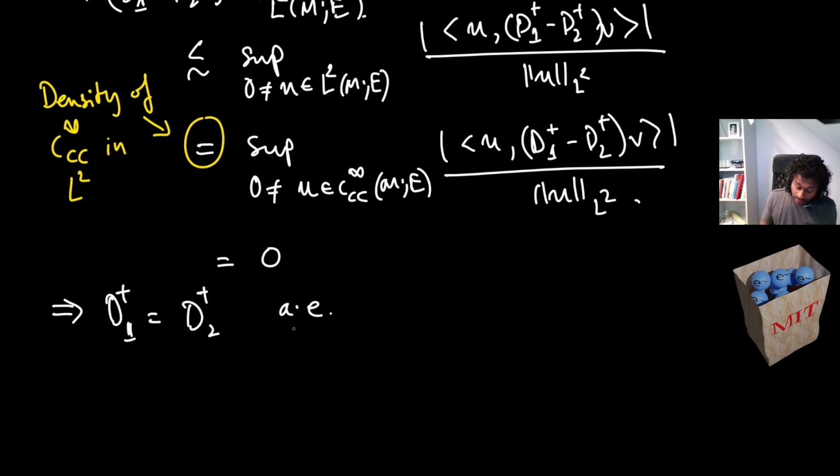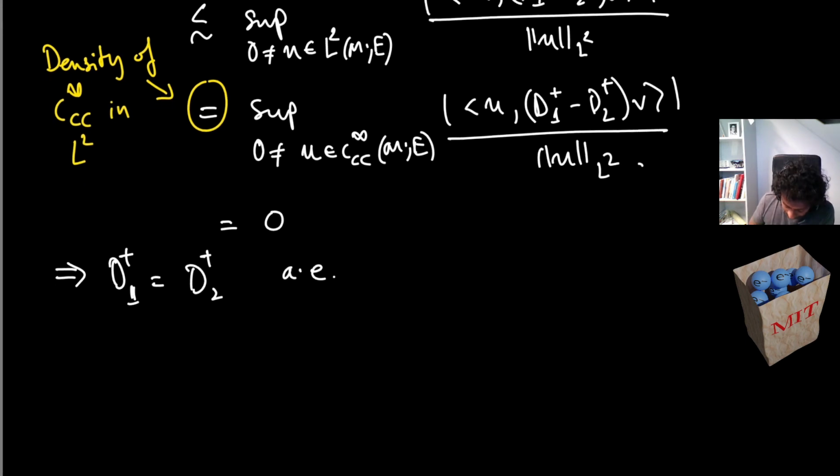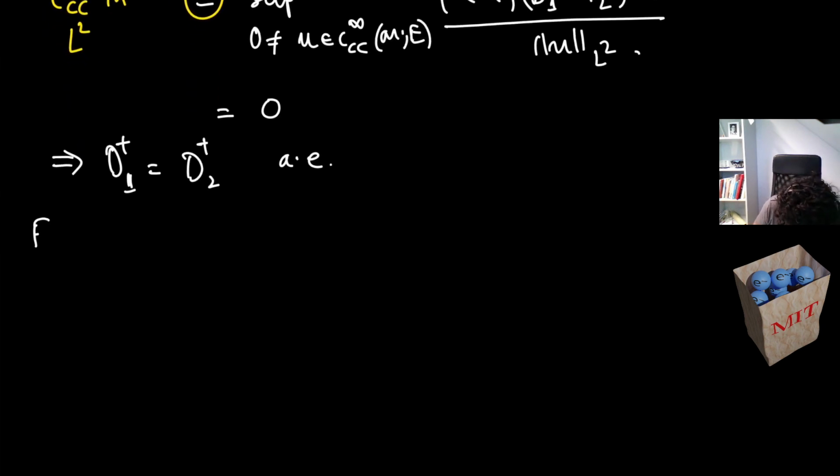Okay, so far we just have this almost everywhere. So we need to know that the perp object is actually an object that's defined everywhere. So we're still not done yet, right? So for that, we have to really go through existence.